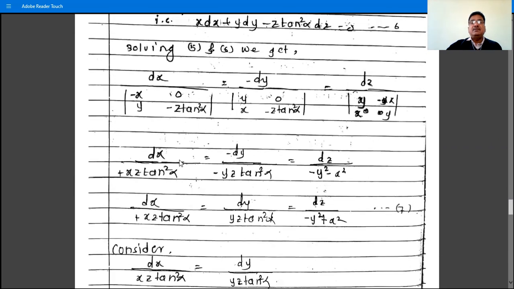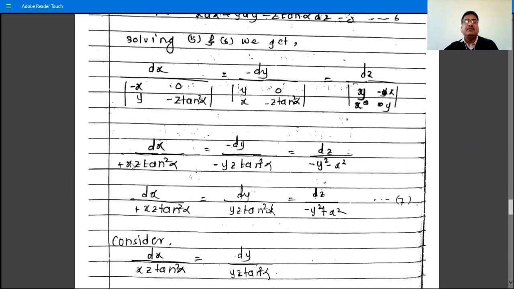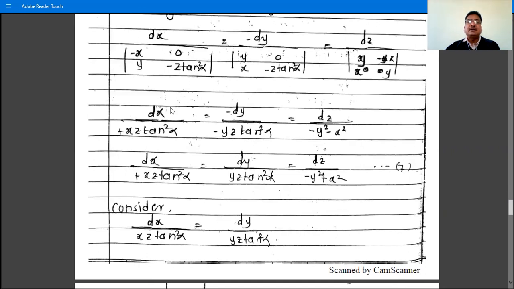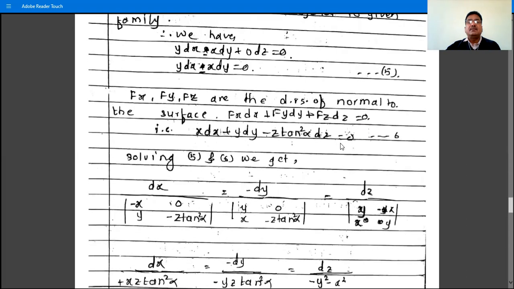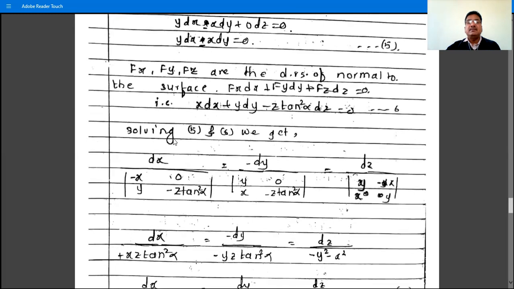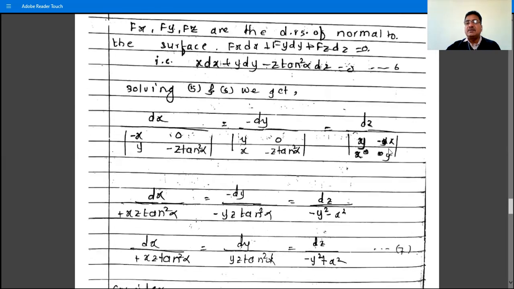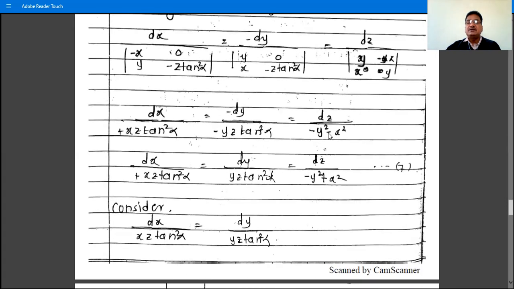And therefore, after solving these determinants, we have this value: plus xz tan square alpha, then minus yz tan square alpha, and this is y square plus x square. So the term is y, minus x, and the second row is x, y. So it is y square plus x square. Write y square plus x square at this place.